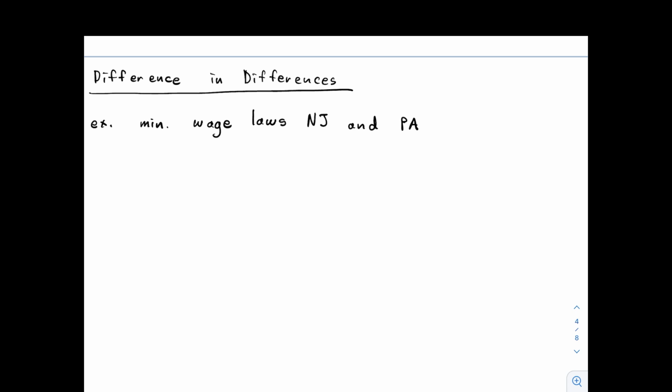And so in this particular example, they were able to look at people very close to the New Jersey-Pennsylvania border. And what they saw was that these two groups of people were essentially identical in every way that you would expect to have an effect on income, right?